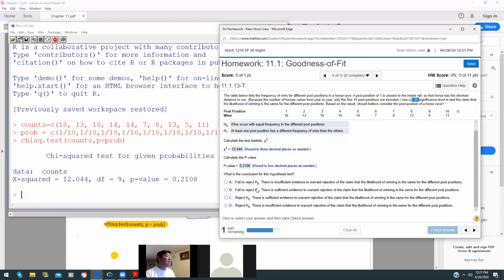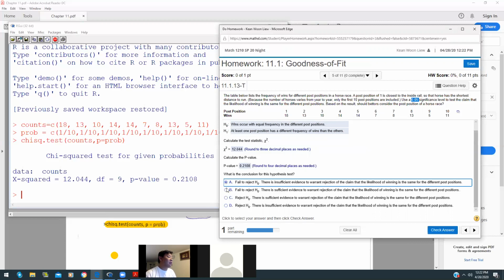A lot of students just put fail to reject. If you just put fail to reject, it can be read as fail to reject H1. That's why I will take points off in your future tests. So make sure you put either reject H0 or fail to reject H0. The H0 at the back is very important. If you do not do this in your future test, I will take points off.